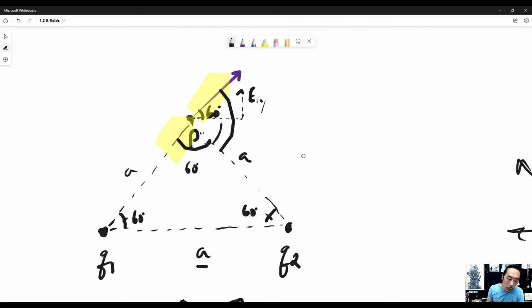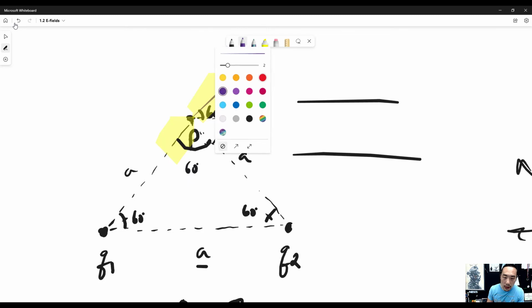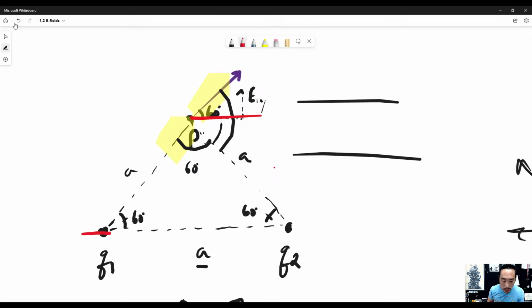And what we can do is use the parallel line theorem, where if we have two parallel lines, and the two parallel lines that I'm referencing are up here. So this is parallel line 1, and this is parallel line 2. If we have two parallel lines and we bisect them like this, the angle here and the angle here are always going to be equal.